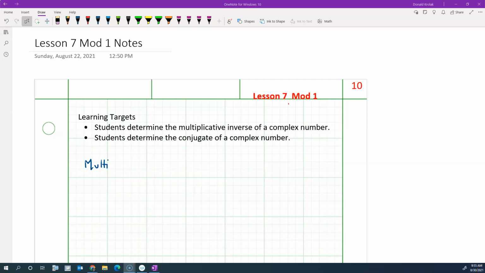So the multiplicative inverse, also known as the reciprocal.